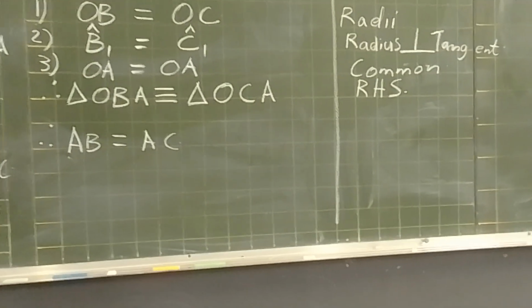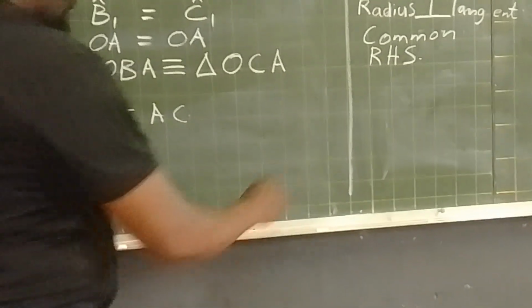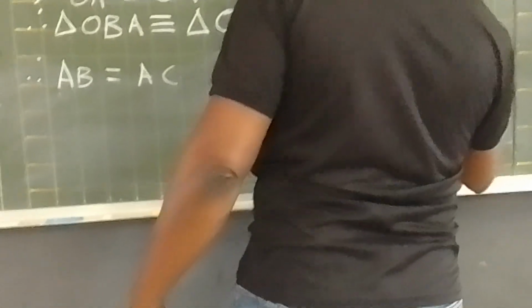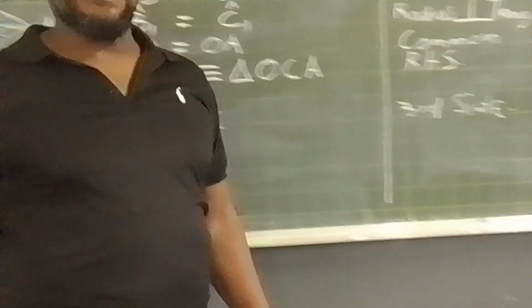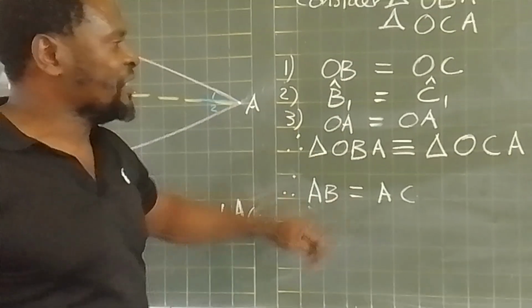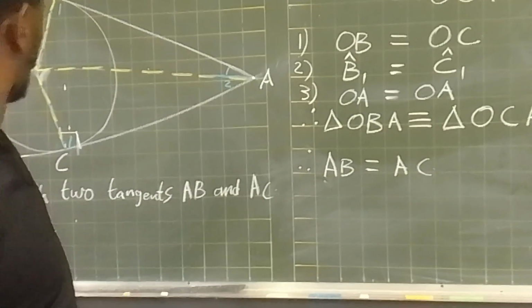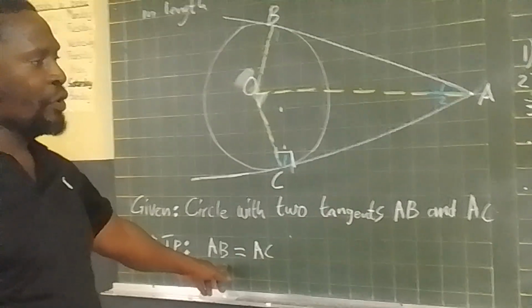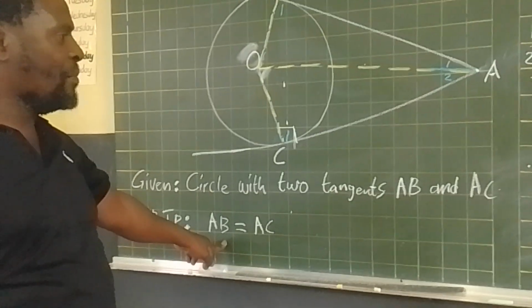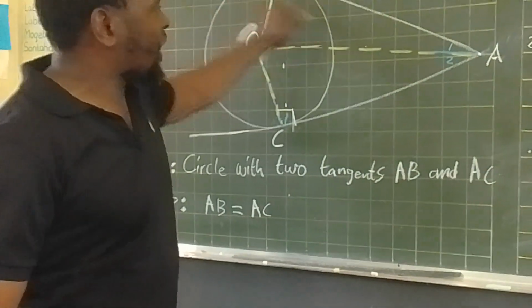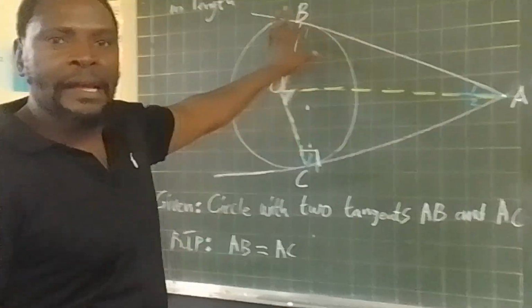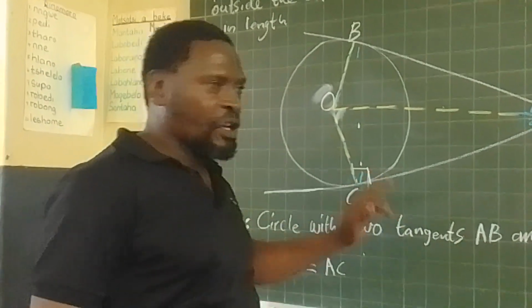Automatically, the third sides are equal. We are done. Go and practice this, grade 12 and 11. You must know how you come about to prove that the two tangents drawn from the same point are equal.